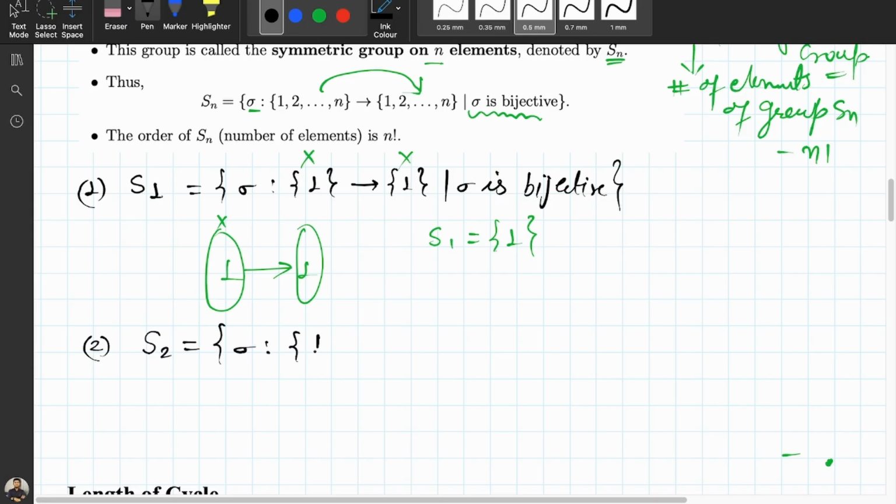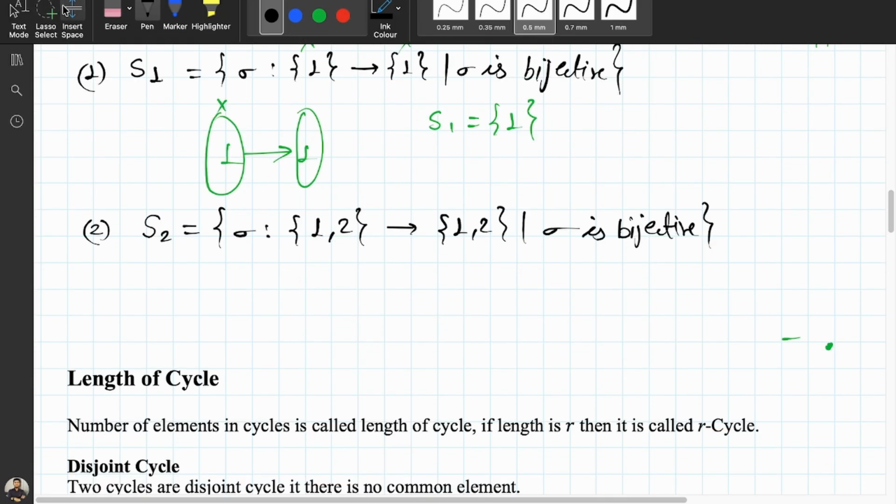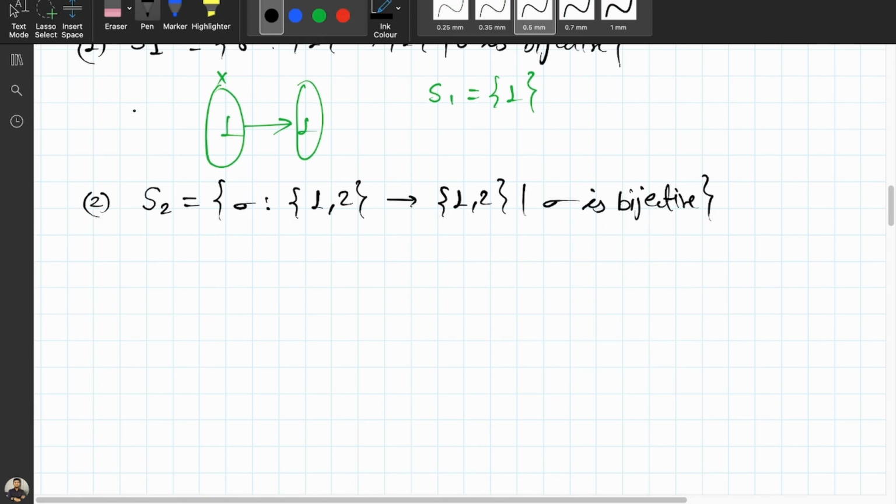Sigma is a mapping from 1, 2 to 1, 2 itself, where sigma is bijective. Simply I will have two elements in x, that is 1 and 2, and here it is x itself, 1 and 2.